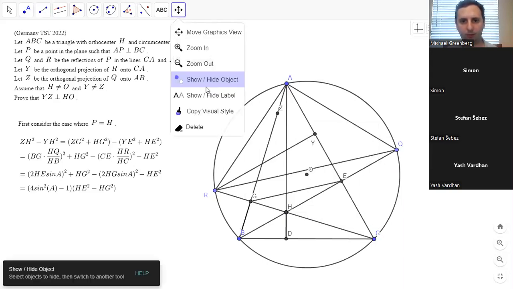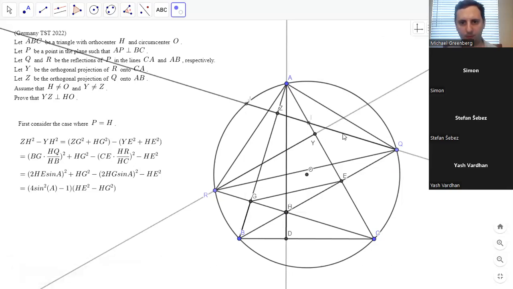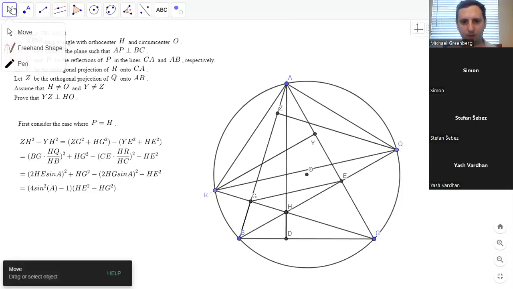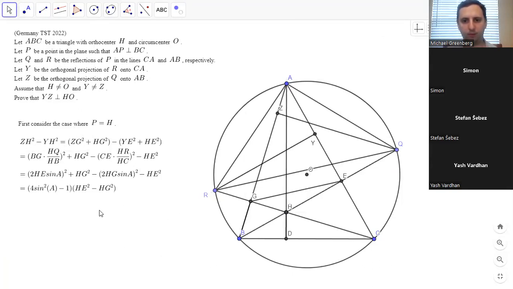Actually, I still want to draw QZ. There you go. Okay, so first BZ is equal to BQ, because this angle's A. So BZ is BQ sine A.